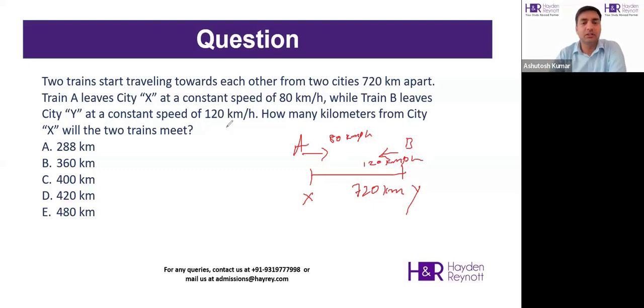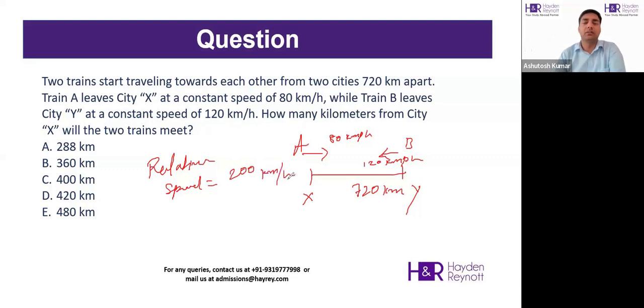If we talk about the time when they are going to meet each other, firstly we'll find the relative speed. Because the two objects are moving in the opposite directions, it will be equal to 120 plus 80, that is 200 kilometer per hour, right?